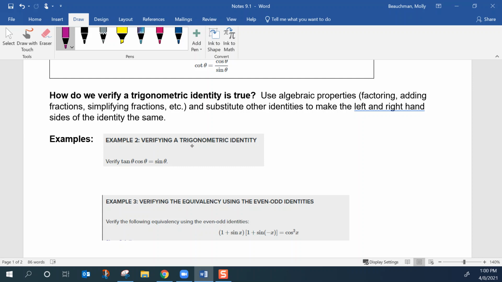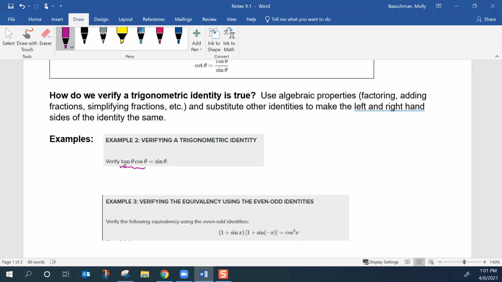If you want to verify that the left and the right hand side are the same, you usually start with the more complicated side. We want to show that tangent theta times cosine is equal to sine. We don't want to move anything back and forth across the equal sign. We want to work with one side and make it look like the other side.